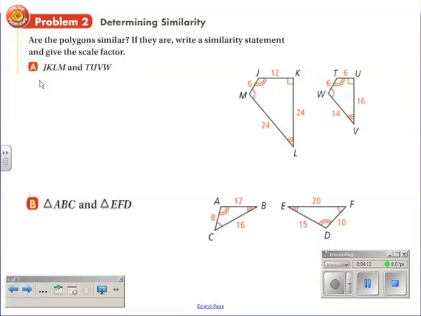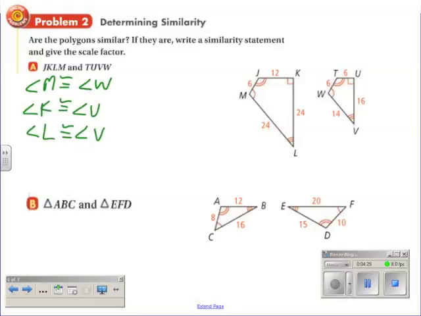I can say angle M is congruent to angle W. I can say angle K is congruent to angle U. Angle L is congruent to angle V. And then also the last one would be angle J is congruent to angle T.